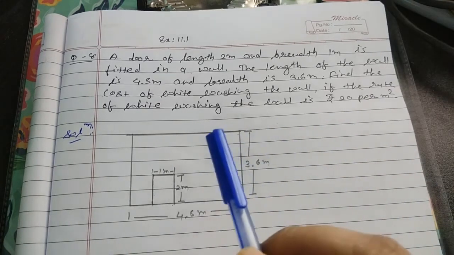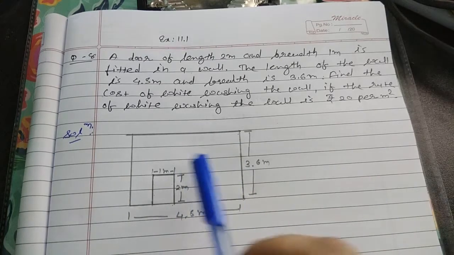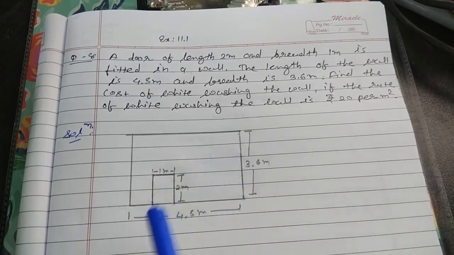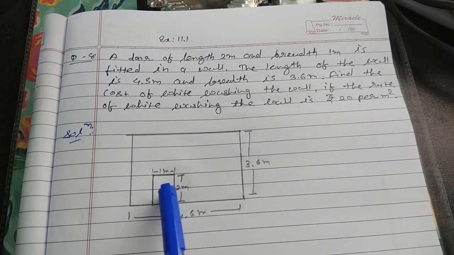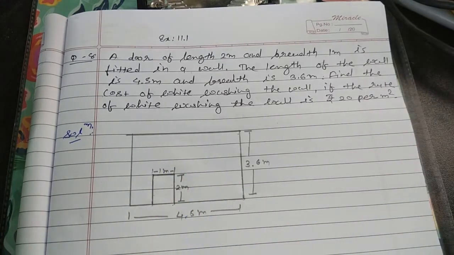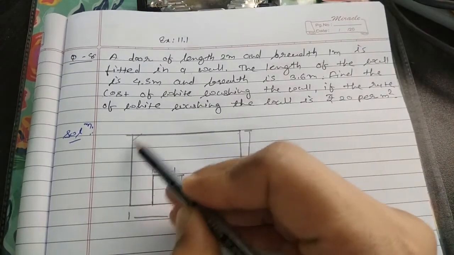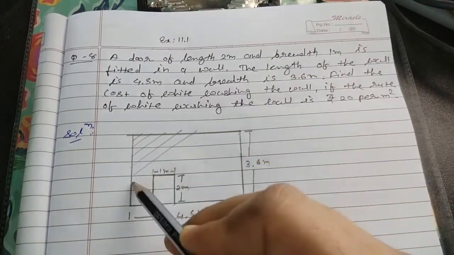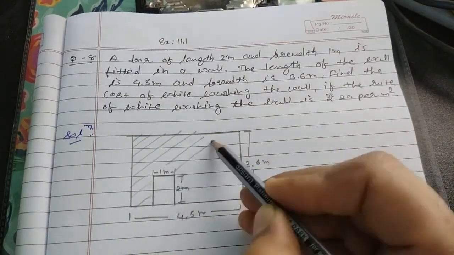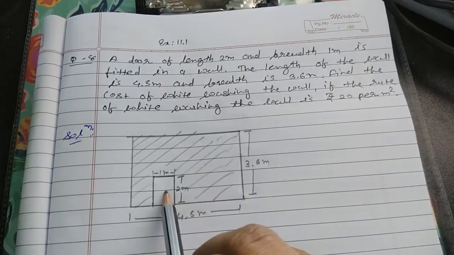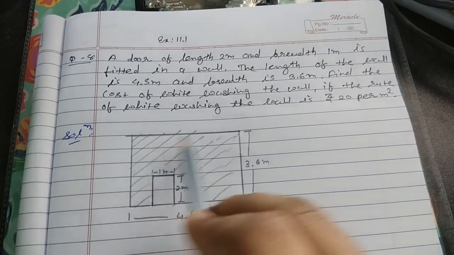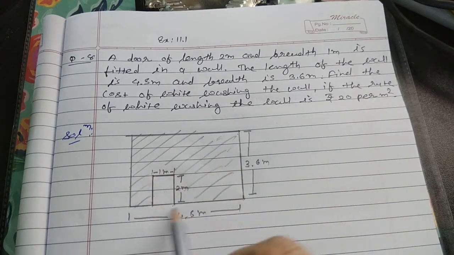First of all, we will find the area of the whole wall, and we will subtract area of door from it. So when we subtract area of door from it, that means we have to find the area of the wall except this door.